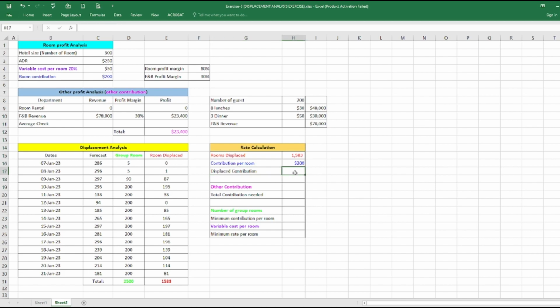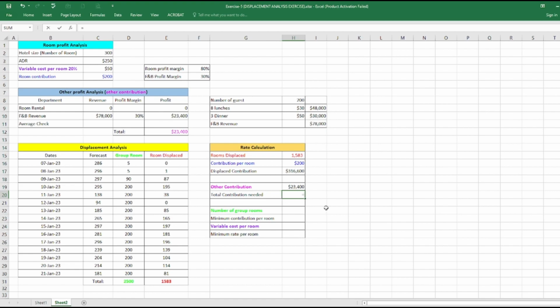Displaced contribution: we take the total rooms displaced multiplied by the room contribution. So it's 316,600. Other contribution from F&B is 23,400.